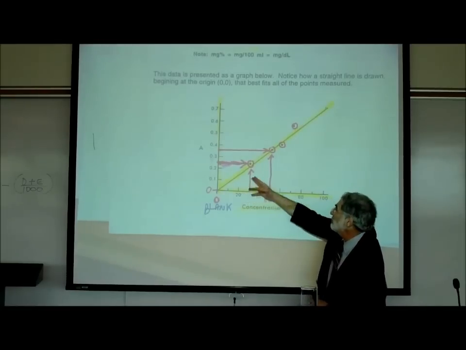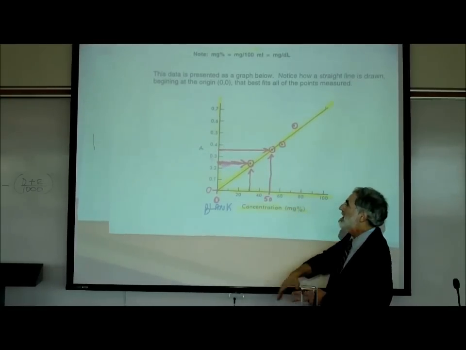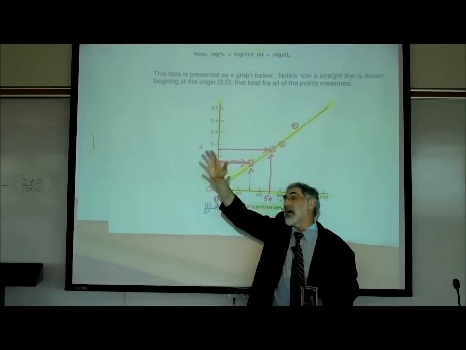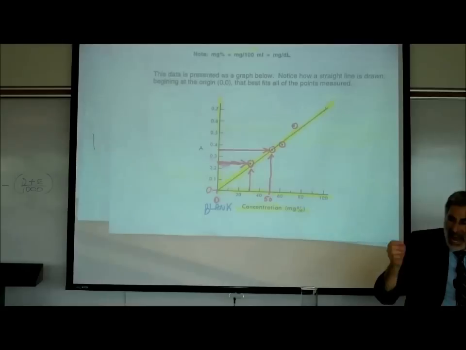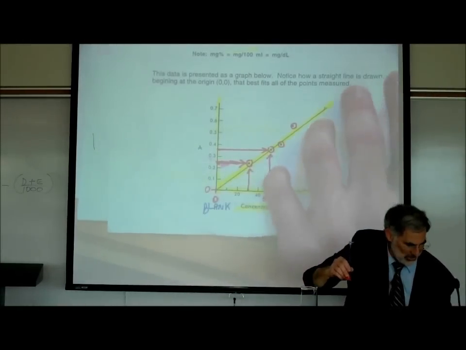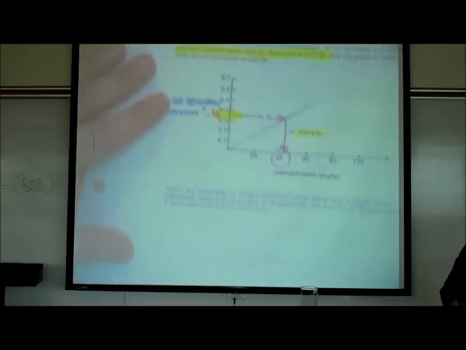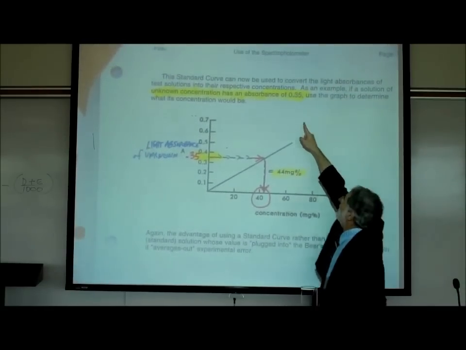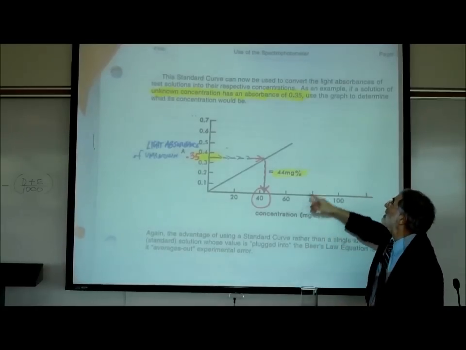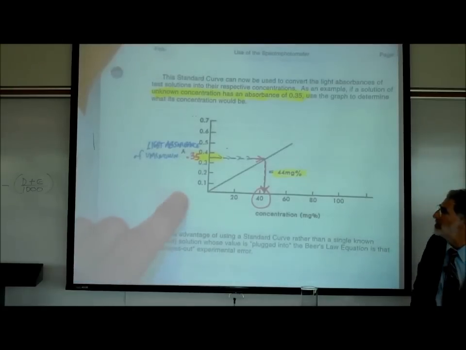All right, now that we've constructed this straight line relationship between increasing concentration of, let's say, sugar and the amount of light that is absorbed by the sugar, now we can take our unknown. Let's imagine, and this is what it shows on the next page, we have an unknown, and we measure its light absorbance. It has a light absorbance of 0.35, and there are no units with light absorbance.